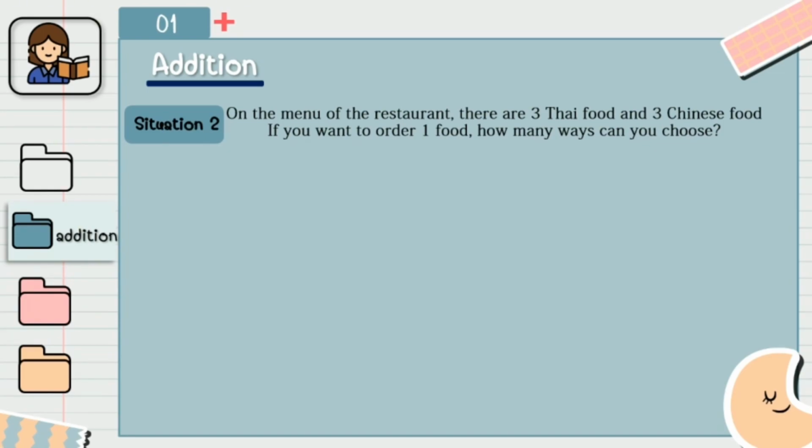Situation 2. On the menu of the restaurant, there are 3 Thai foods and 3 Chinese foods. If you want to order one food, how many ways can you try?